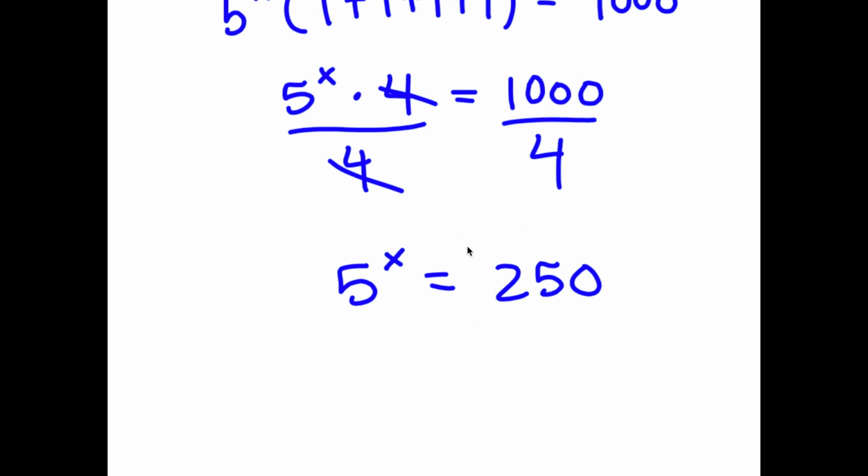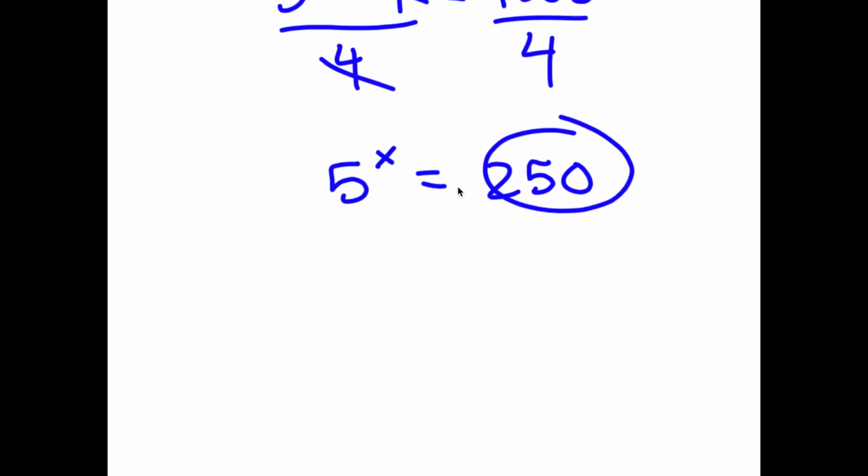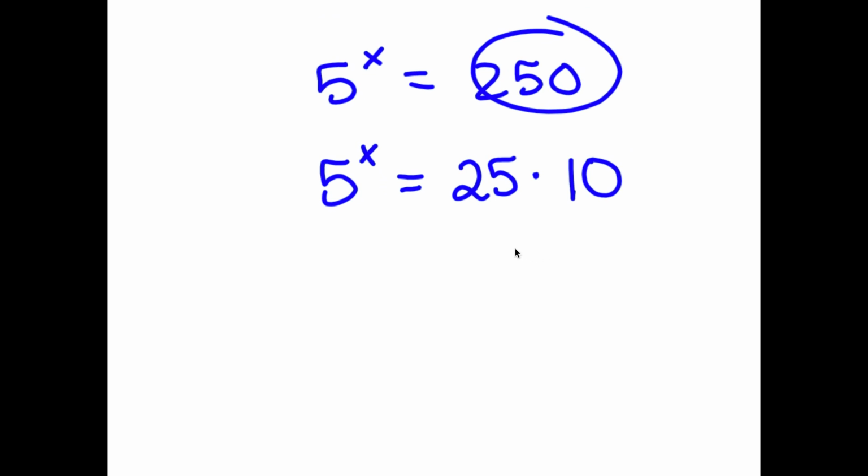Now, 250, I can rewrite this as 25 times 10. So I have 5 to the power of x is equal to 25 times 10. And 25, that's the same thing as 5 squared.